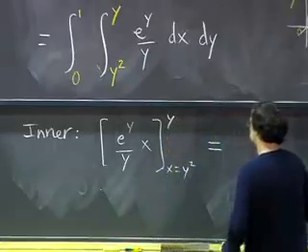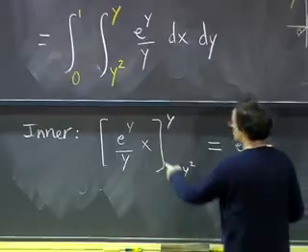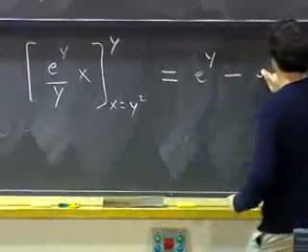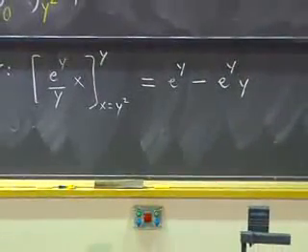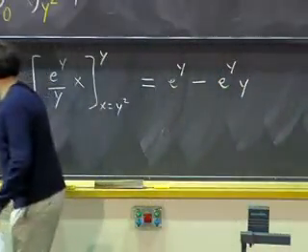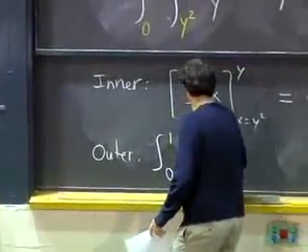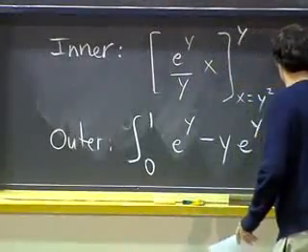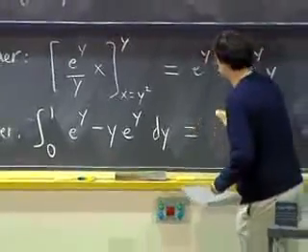If I plug in x equals y, I get e to the y, minus, if I plug in x equals y squared, I get e to the y over y times y squared, which is y e to the y. Now if I do the outer integral, I have the integral from 0 to 1 of e to the y minus y e to the y dy. And that one is actually a little bit easier.